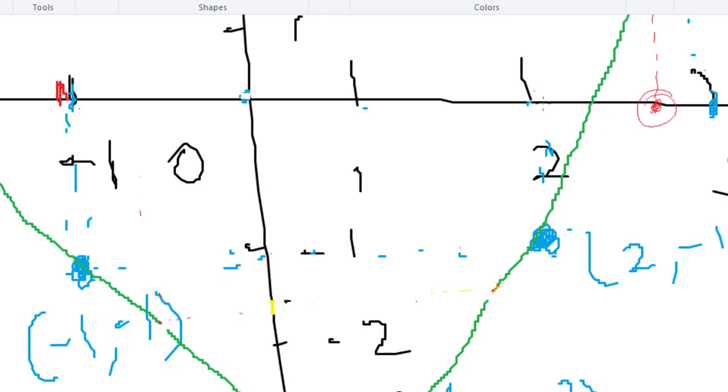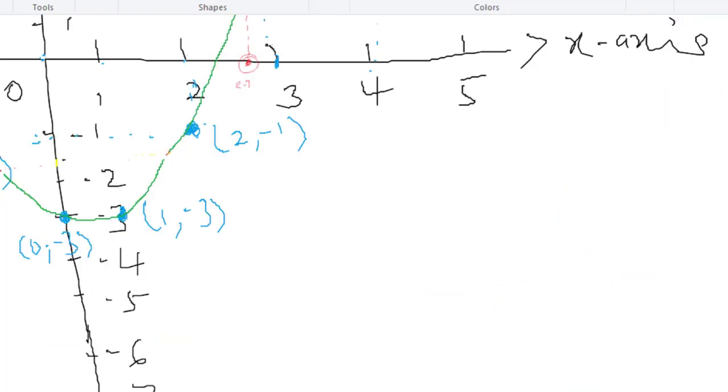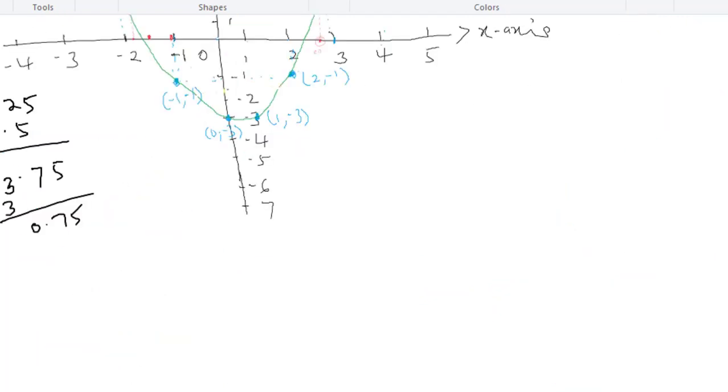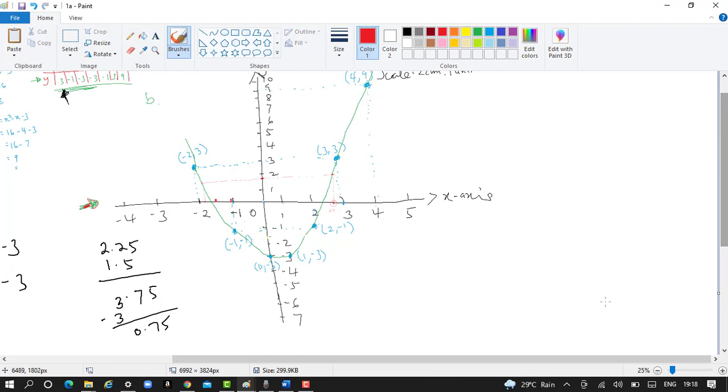So that is going to be 2 point something, maybe 2.7 or 2.8 there, where we can find the answer. So that is how it works for this particular question.